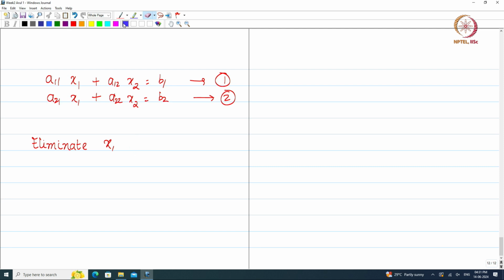So, I am going to multiply equation 2 by a11 and subtract it from equation 1, which is going to get multiplied by a21.